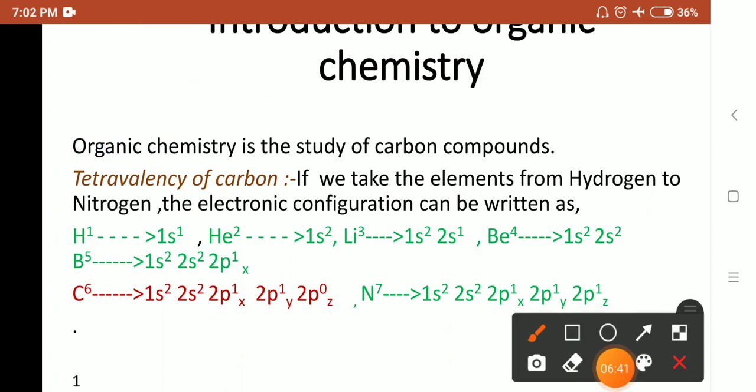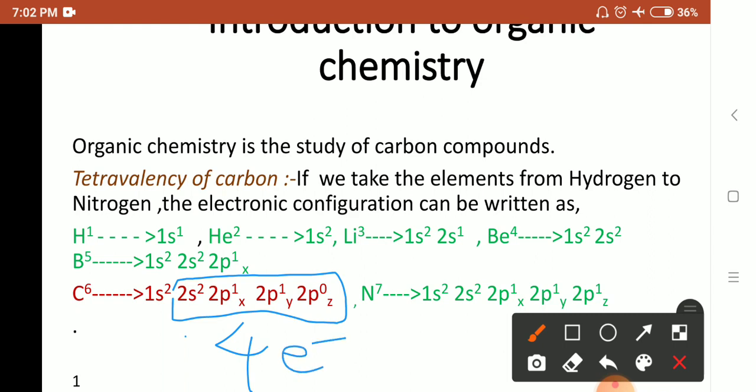Now valence electrons mean outer shell electrons. In case of carbon, the second shell is the outer shell. So the outer shell electrons, or valence electrons, are 4: 2 electrons in 2s, 1 electron in px, 1 electron in py, total 4 electrons.